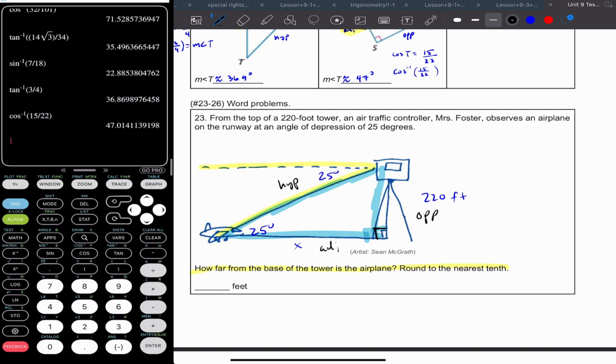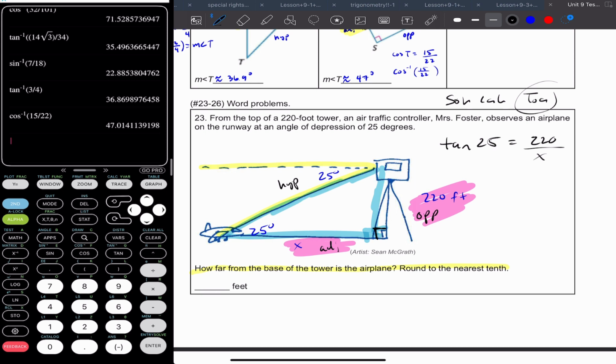So we have 220, and we need to get that x involved, right? So I have opposite and adjacent. It looks like I'm going to be using the tangent function because TOA, opposite, adjacent. So tangent of 25 equals 220 over x.